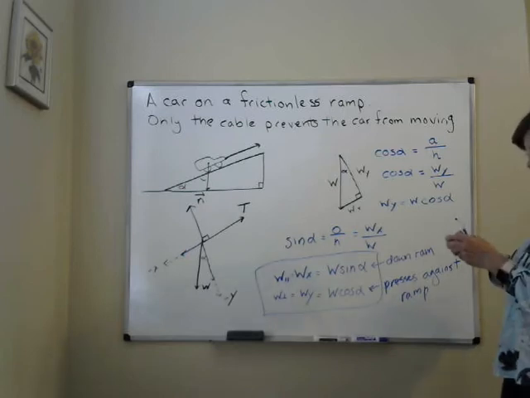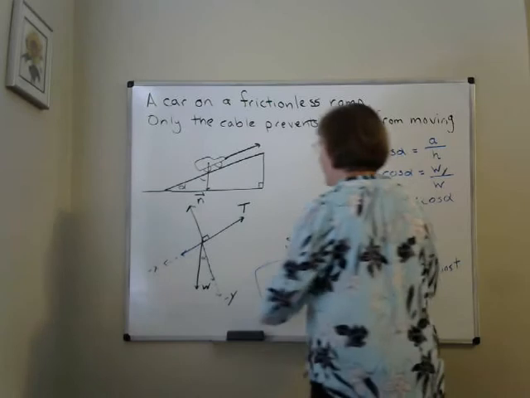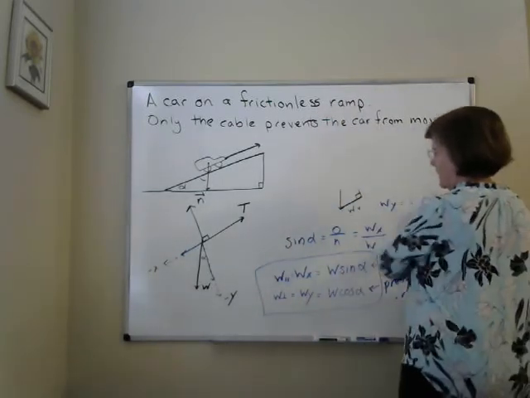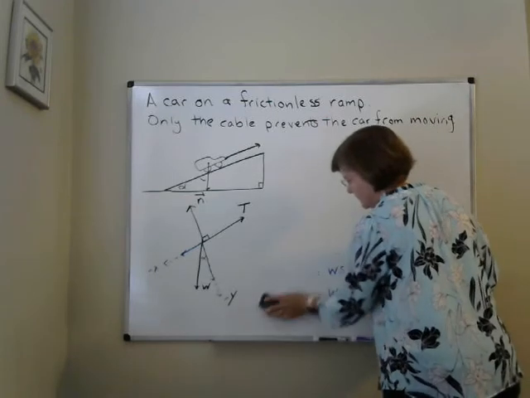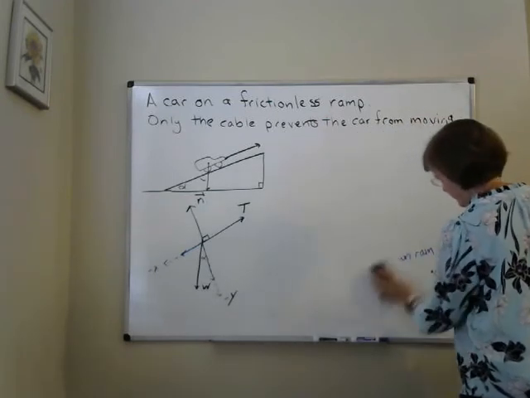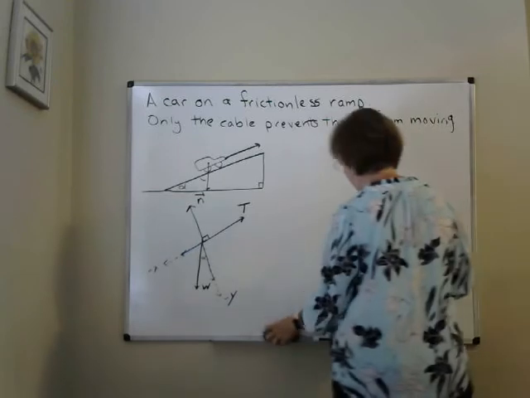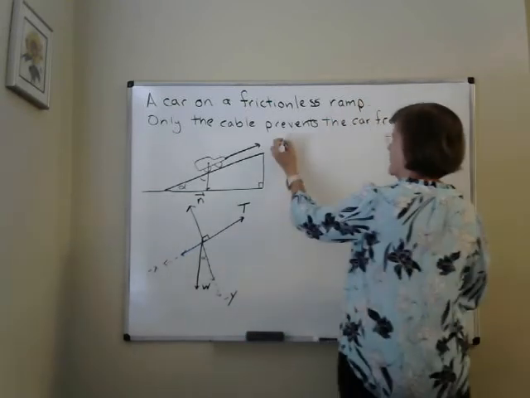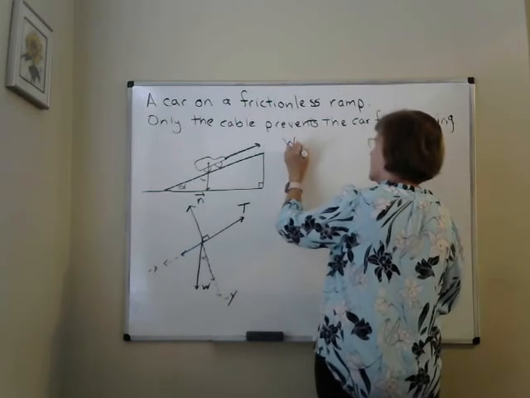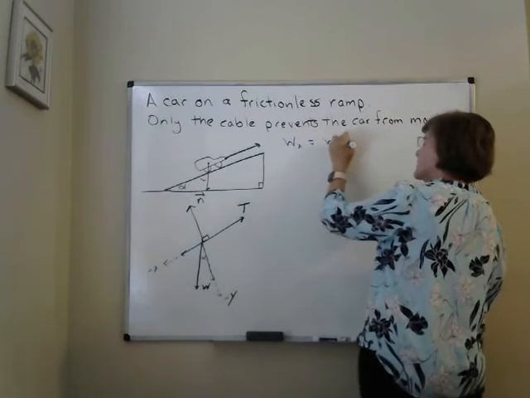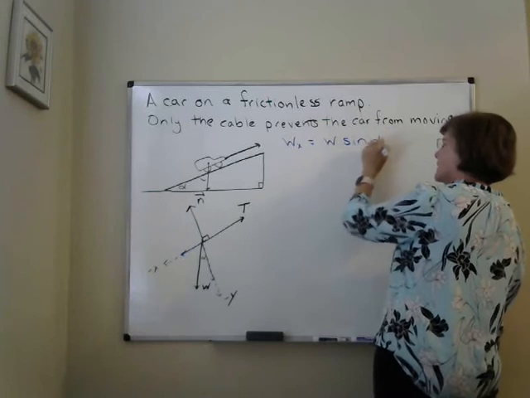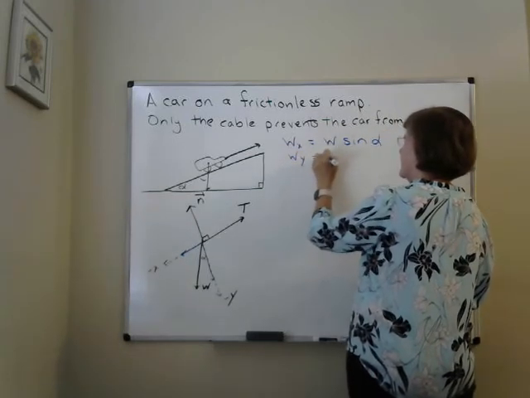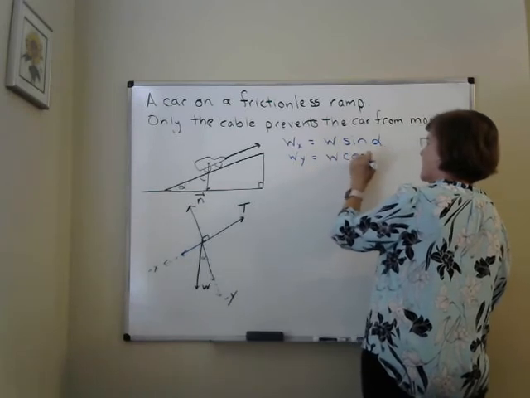But now I've got it. So I'm going to do a little erasing. I'm going to write down what's important. And the important thing that I know is Wx is W sine alpha, and Wy is W cosine alpha.